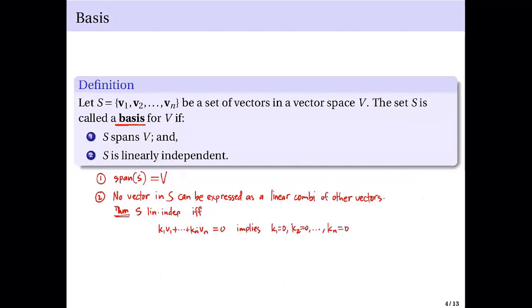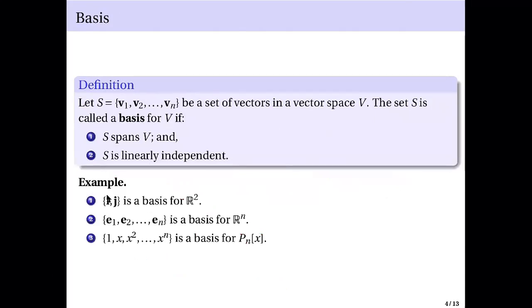So for example, this set i, j is a basis for R2. So they are linearly independent. Remember, i is the vector 1, 0, and j is the vector 0, 1.